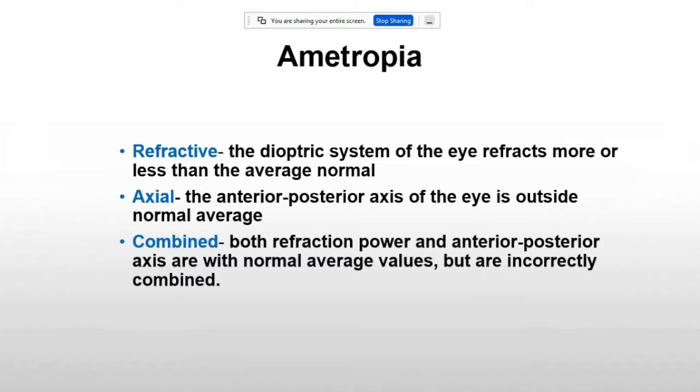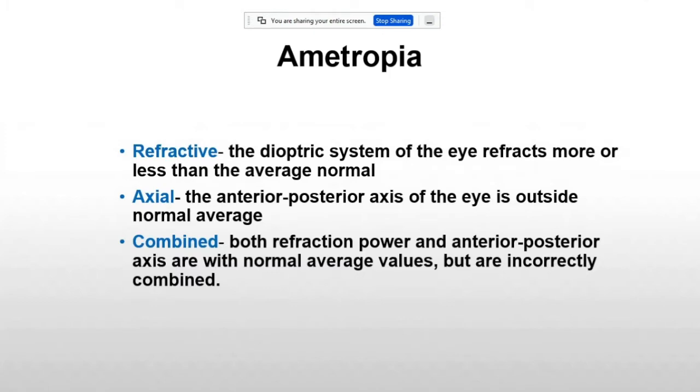If, for example, the cornea is not the average 43 diopters but 46, it refracts more, and we have the focus in front of the retina, like myopia. Or we have a flatter cornea, 39, which refracts less, and the focus goes behind the retina. We have hyperopia.